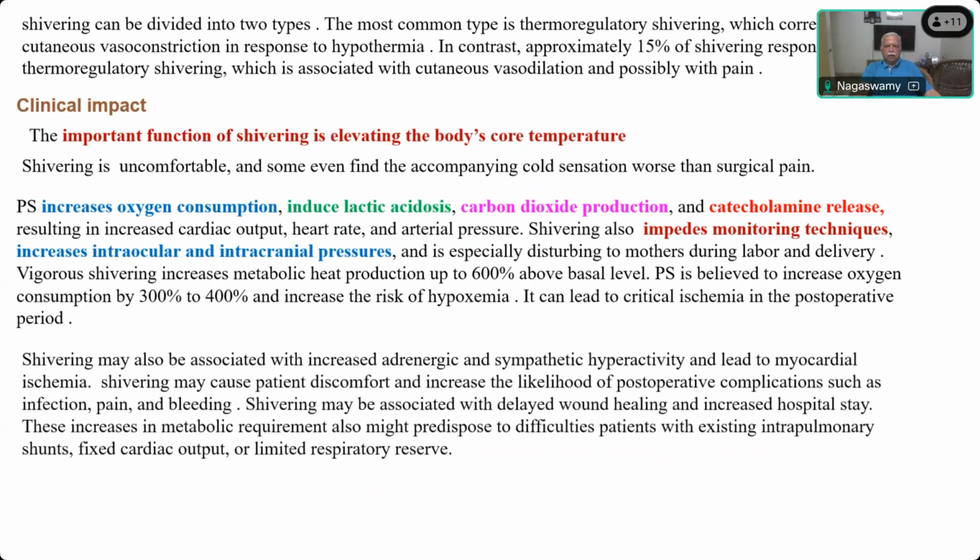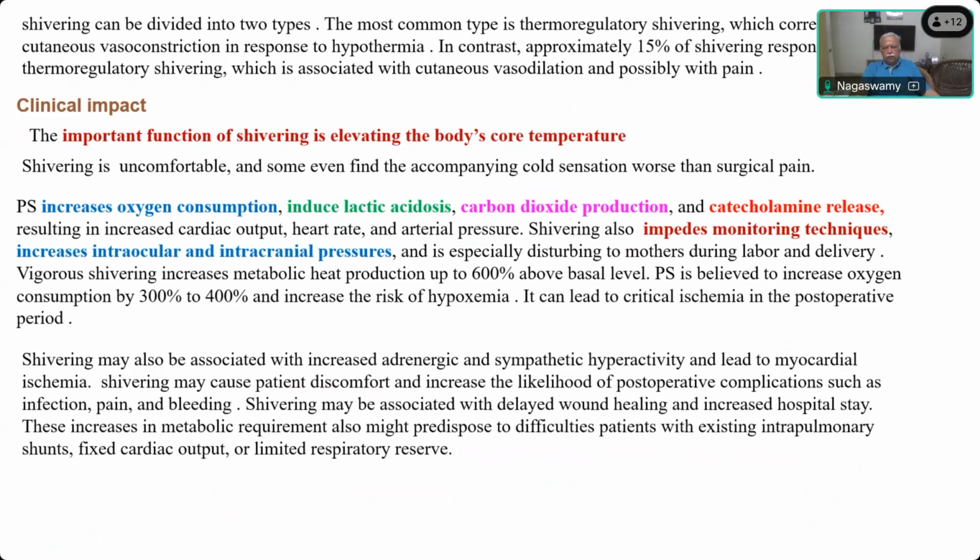It can lead to critical ischemia in the postoperative period. It is also associated with adrenergic and sympathetic hyperactivity, leading to myocardial ischemia. Shivering causes patient discomfort and increases the likelihood of postoperative complications like infection, pain, bleeding, and sometimes wound dehiscence. All these things can happen because of shivering.